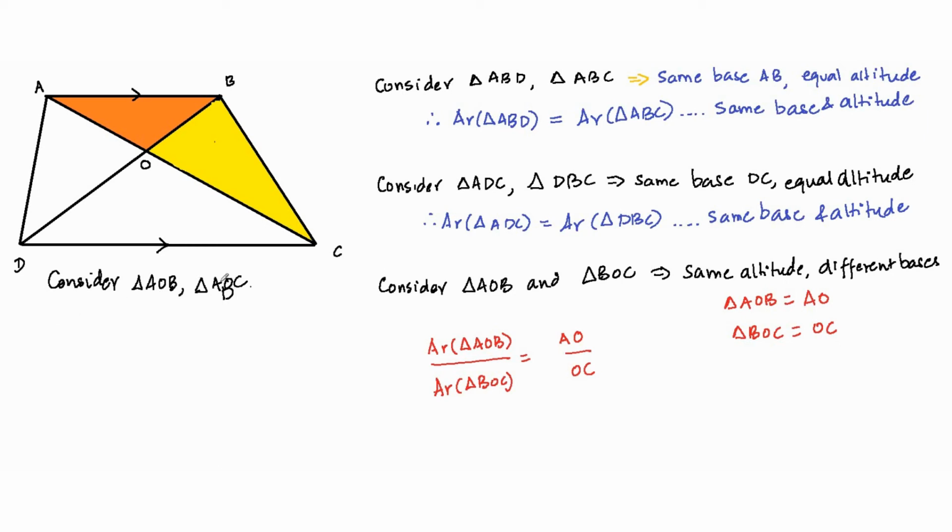So AOB and ABC both have the same altitude again. They have the same altitude, but they have different bases, right? So what are the bases? For triangle AOB, the base is AO, right? This is the base for triangle AOB. Whereas for triangle ABC, the base is complete AC, right?